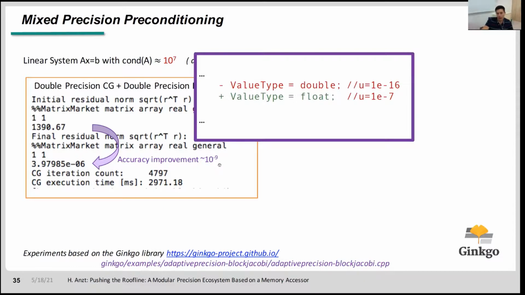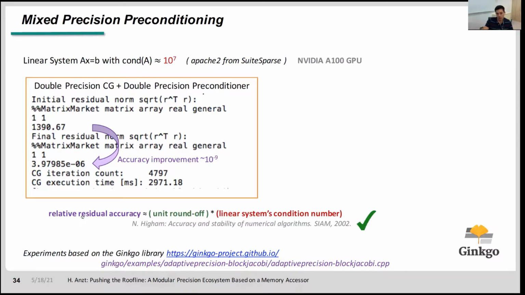And that is exactly according to the expectations, because there's this rule of thumb that tells me the relative residual accuracy is roughly the unit round-off times the linear system's condition number. Unit round-off for double precision is 10 to the power of minus 16. Condition number 10 to the power of 7 gives me 10 to the power of 9 in terms of relative residual accuracy.